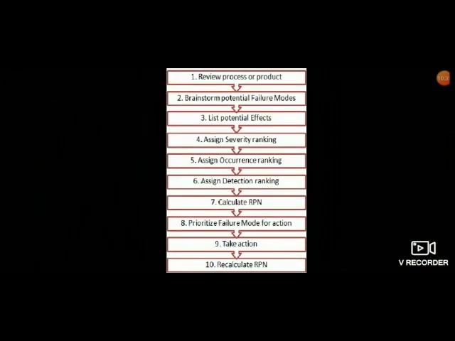Step number 2: brainstorm all the expected potential failure modes for each key process input, in physical or technical terms, not as symptoms noted by customers.